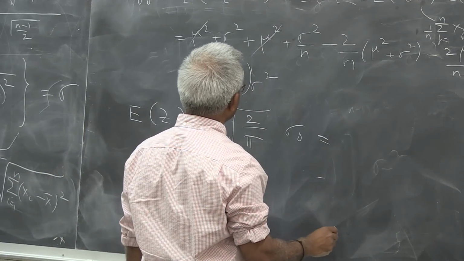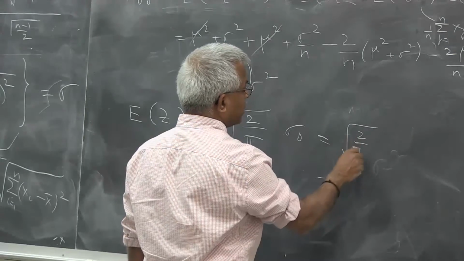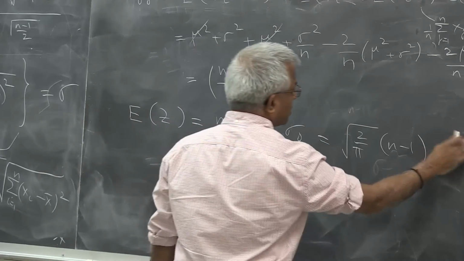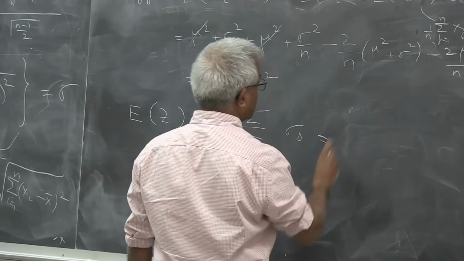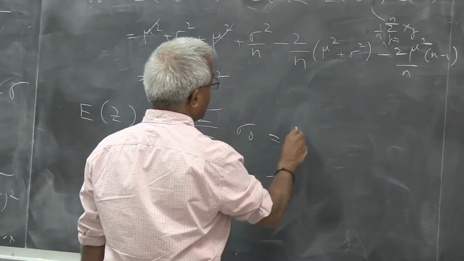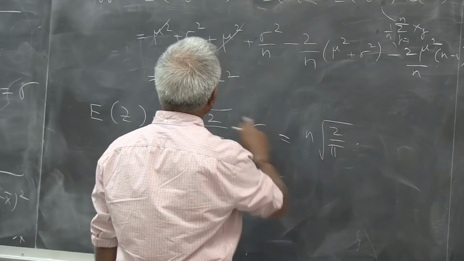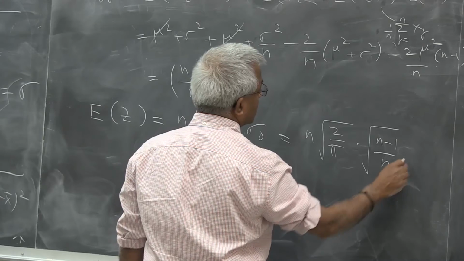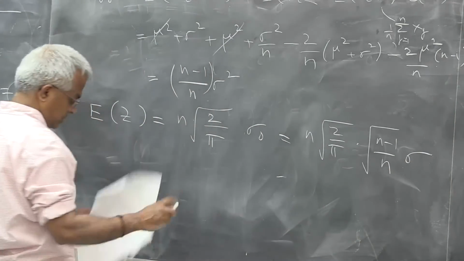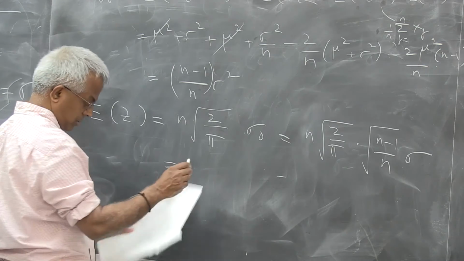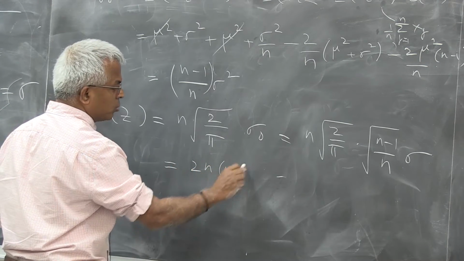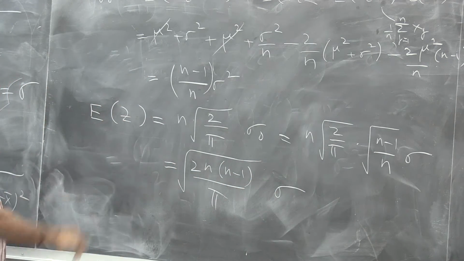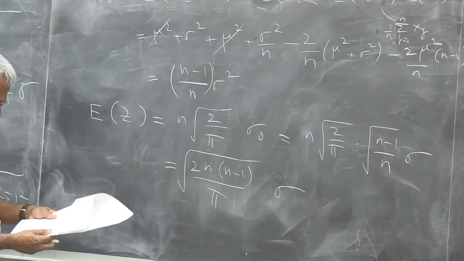So the n cancels, and this is n multiplied by the square root of 2 over pi sigma naught. The sigma naught is going to be the square root of n minus 1 over n sigma. So with some cancellation, you get the square root of 2 n minus 1 over pi multiplied by sigma. So again, we are ready to figure out another unbiased estimator.